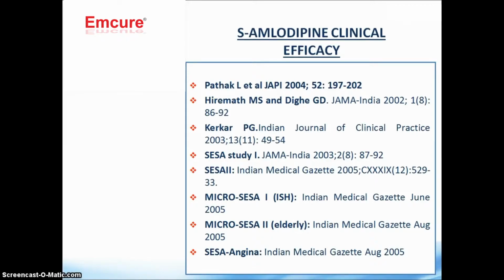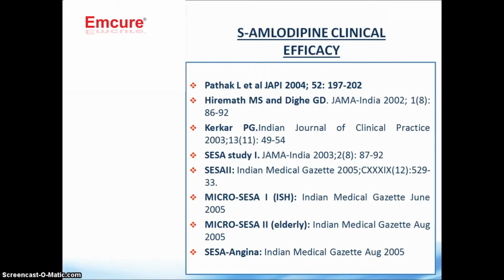Then we have the CSA angina, then the CSATM, then the one with Asomex and atenolol. Then a number of small group studies have also been conducted, with sample sizes of 50 patients and 200 patients. We'll talk about most of these studies in detail in mind map form, so that you can draw and remember them lifelong.